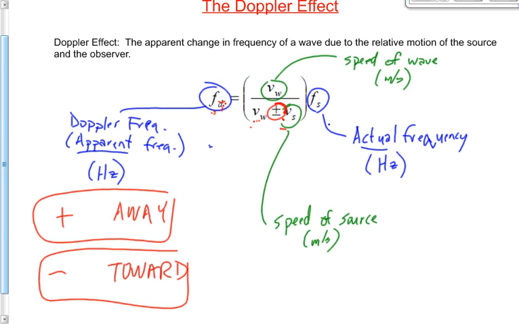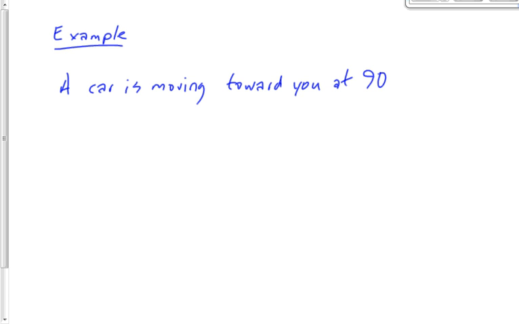All right. I don't like the example that they gave us in our textbook, so I'm going to give you my own, okay? Here's your last example, the last example for new stuff of the year. Let's say a car is moving toward you at 90.0 kilometers per hour and sounds its 400 hertz horn as it moves.